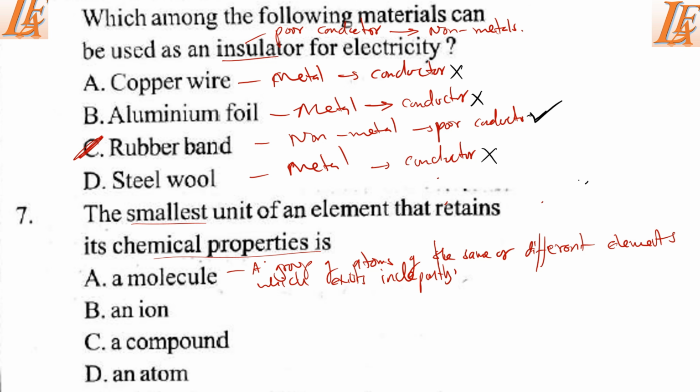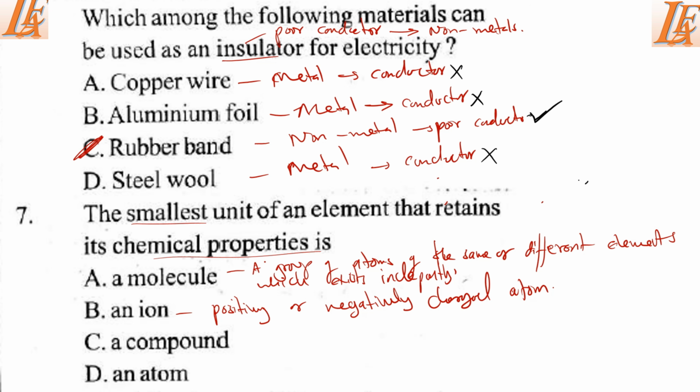Then an ion, we define it as a positively or negatively charged atom. So if you have an atom, you charge it positively or negatively. When you charge it positively, it means you take an electron out of it. It remains a cation.